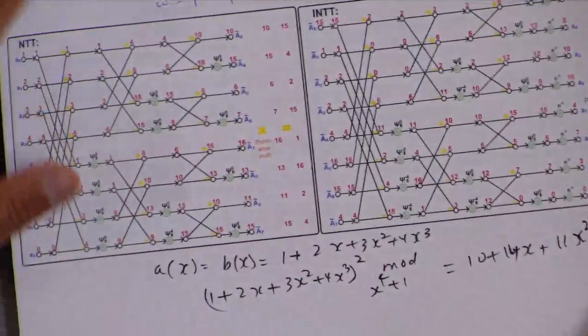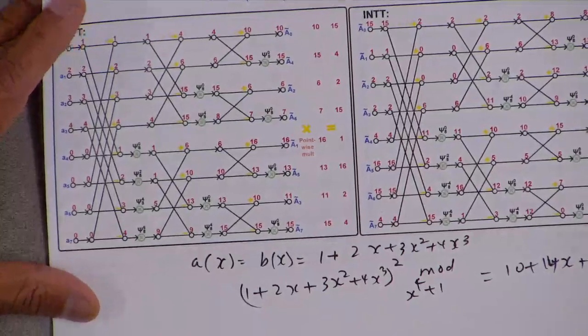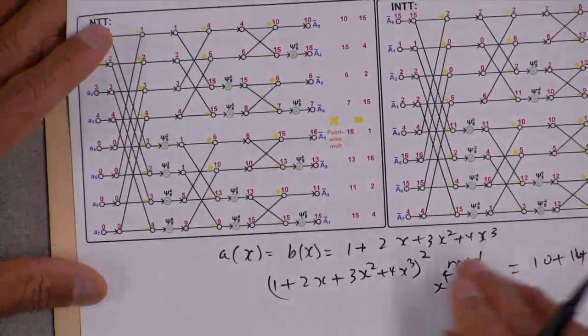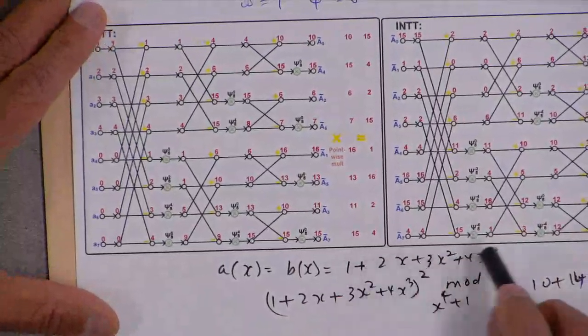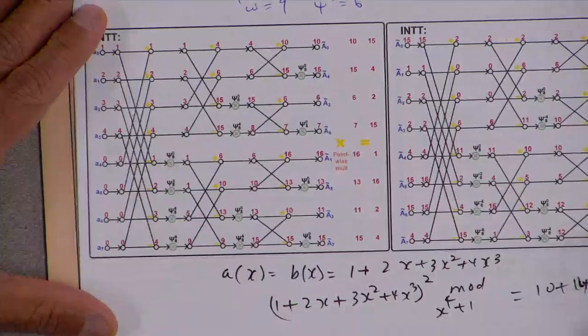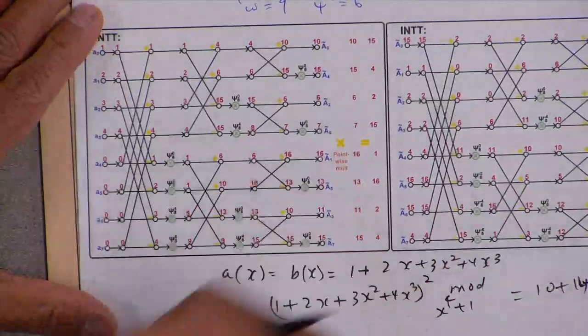And if you take this process here, what you see here is the 4-point sequence 1, 2, 3, 4 appended with 4 zeros. So the A and B both are the same.